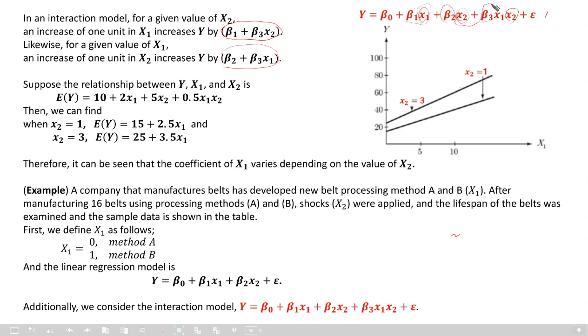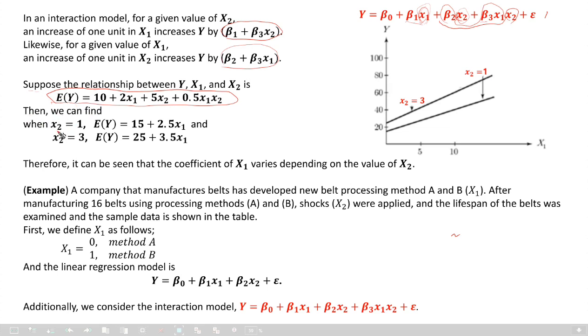That will be the coefficient of x2. Suppose the relationship between y, x1, and x2 is like this. This is the real relationship between y and x1, x2.